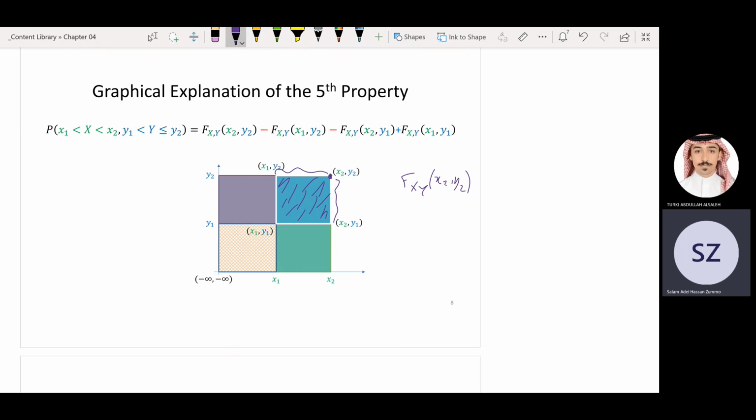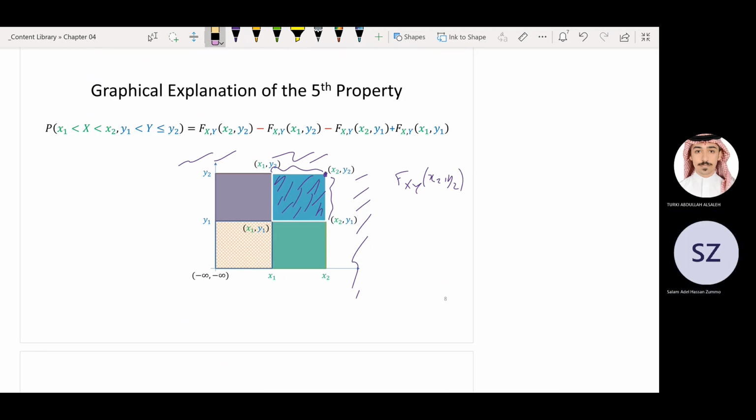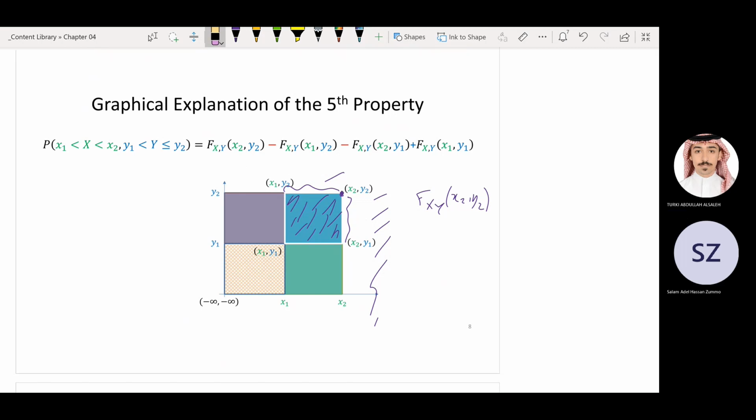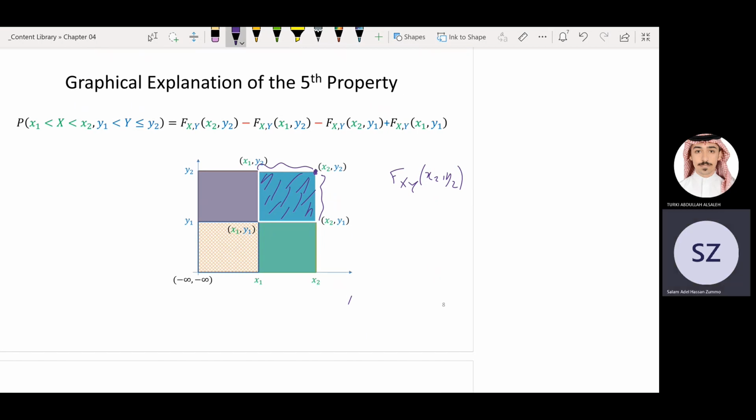So this includes everything here and everything here, meaning below. Right. This includes everything to the left of x2, right? And everything below y2, right? Everything below, everything here. Okay? However, I am not interested in this. I'm interested only in this square.